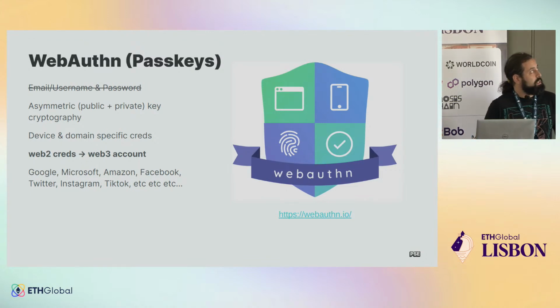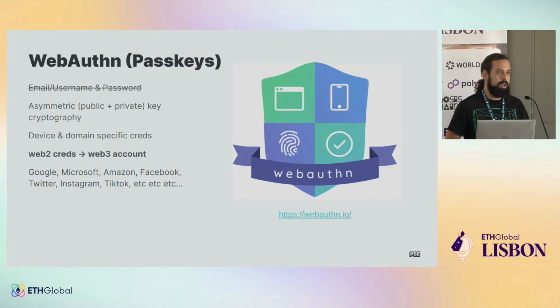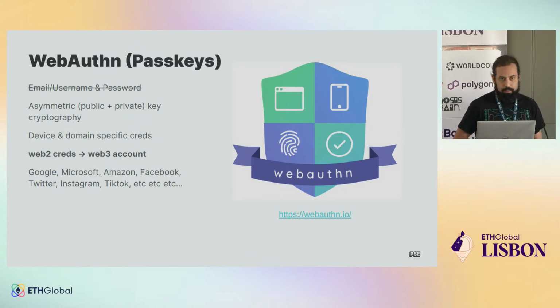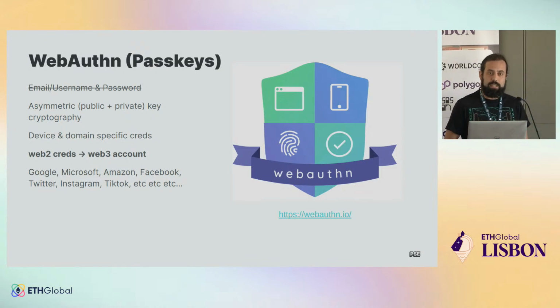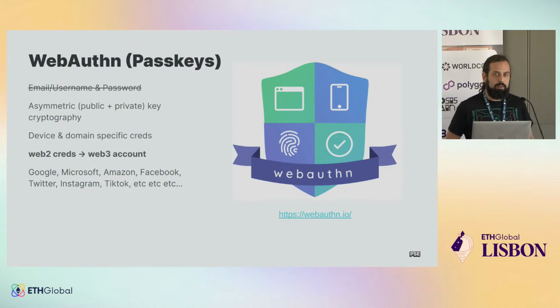It's device and domain specific, and it already has support from companies such as Google, Microsoft, and Apple. But in theory, any Web 2 company would be able to implement this as part of a login. And so we can take advantage of those asymmetric keys to allow these to sign for a Web 3 account. So anyone potentially with accounts already at these places that has the WebAuthn could control an account using those.